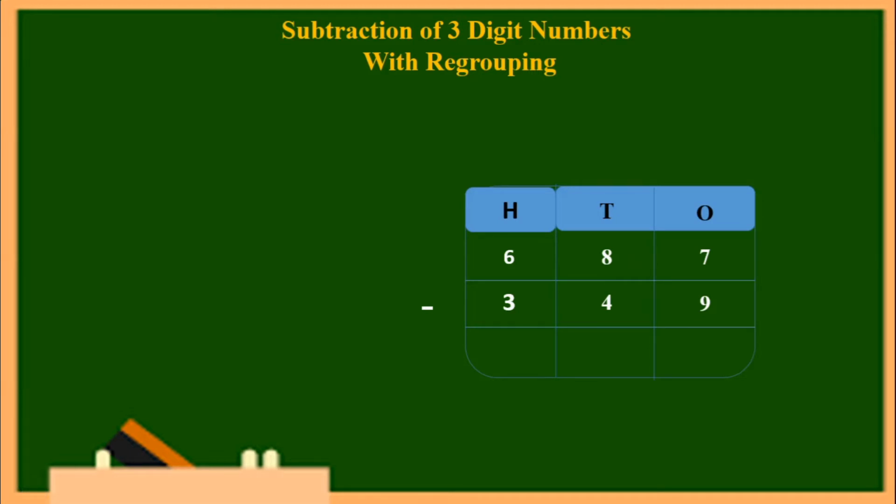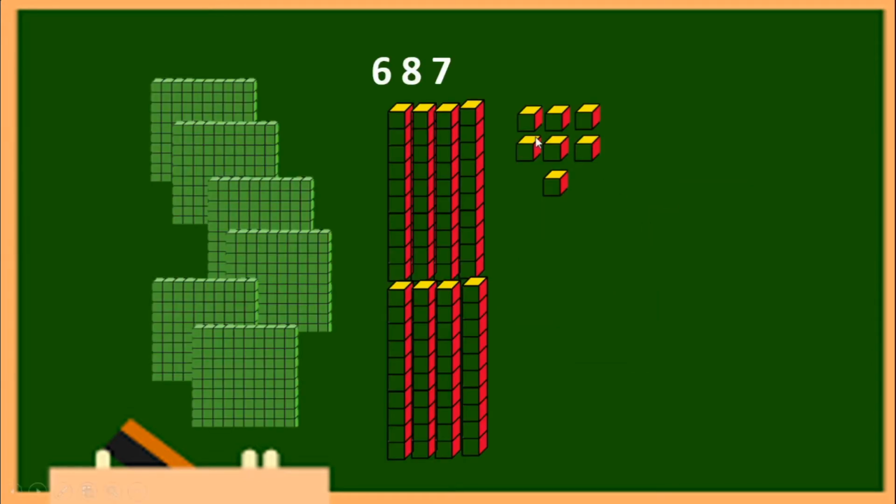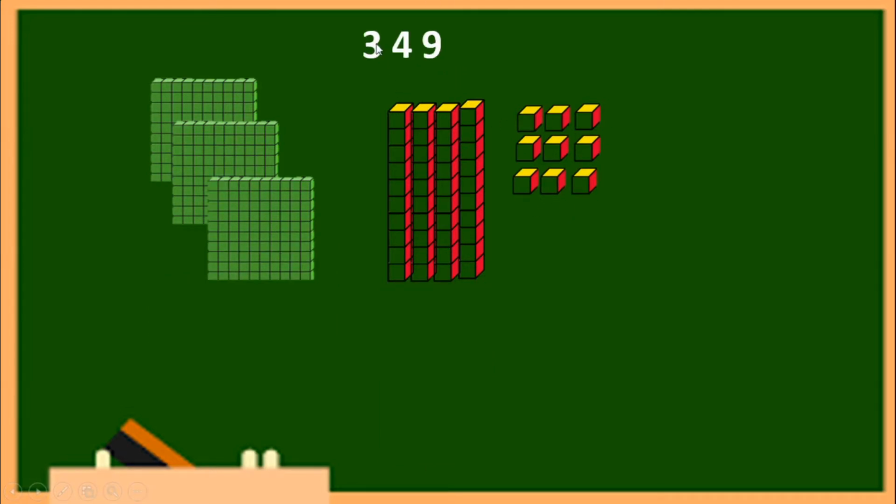First we will represent both numbers with the help of Dienes blocks. 687 means 6 blocks of hundreds, 8 blocks of tens and 7 blocks of ones. 349 means 3 blocks of hundreds, 4 blocks of tens and 9 ones.